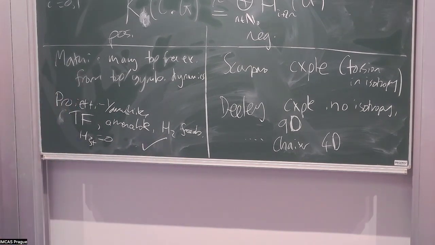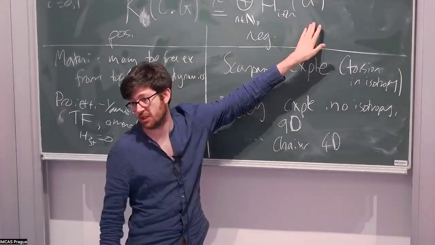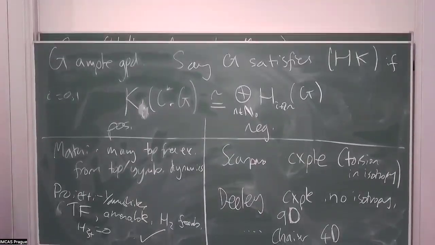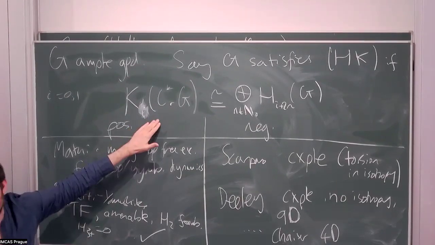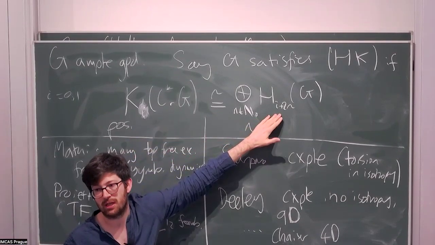I'm not going to write it down, but I'm going to say it in words. What they actually do is prove there is a spectral sequence. They construct a spectral sequence whose second page is given by the homology, and it converges towards the K theory, assuming the Baum-Connes conjecture for the groupoid. The way to think about the spectral sequence is that what it converges to, the K theory, is somehow built up out of the thing on the second page, the homology.